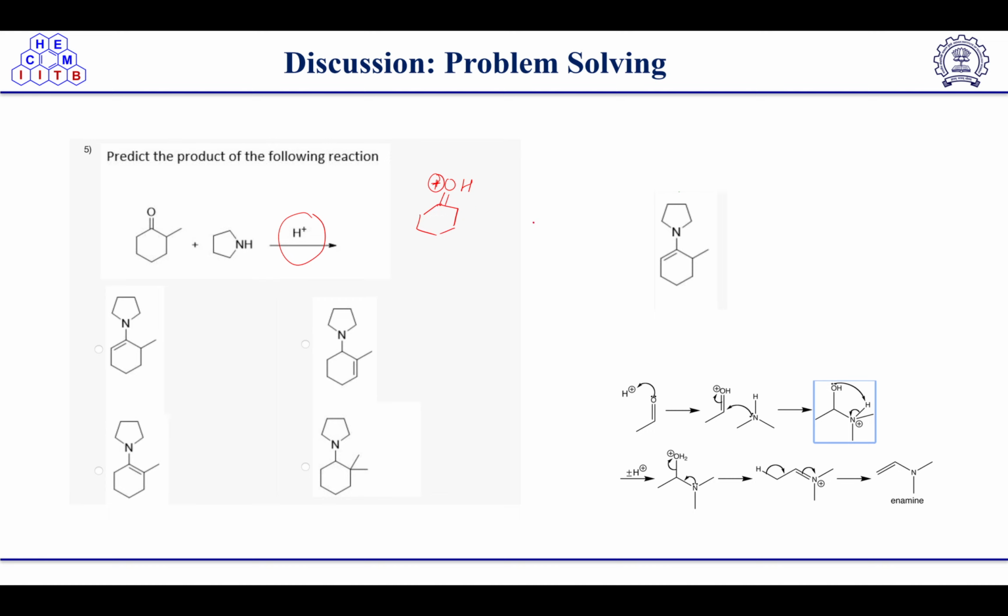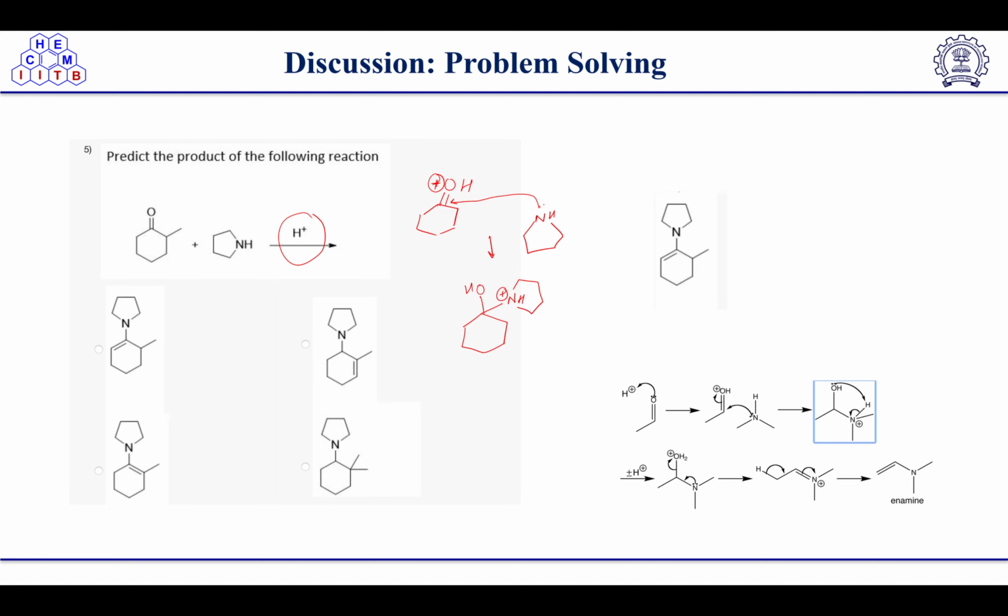Now the next is the heteroatom, the electron-withdrawing atom, which will attack on this carbonyl center and form the intermediate. Okay, got it?